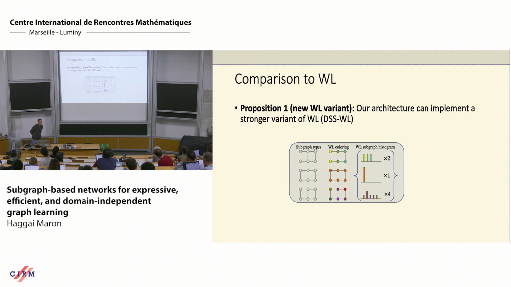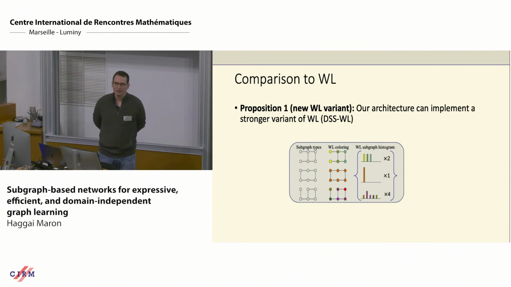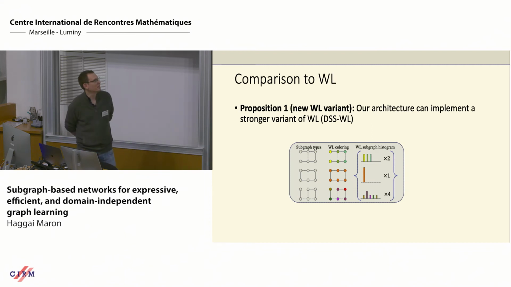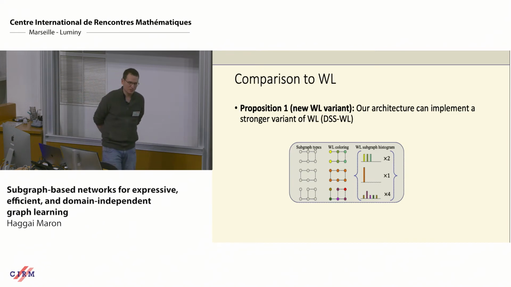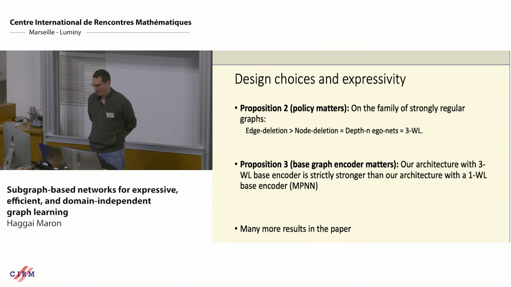So first of all, we come up with a new Weisfeiler-Lehman variant. We call it DSS-WL, that kind of represents the process of coloring the subgraphs and then counting the histograms of those subgraphs. And we show that this is strictly more expressive than the standard 1-WL test. And we also have several other nice theoretical properties. For example, we show that edge deletion is stronger than node deletion in some cases.